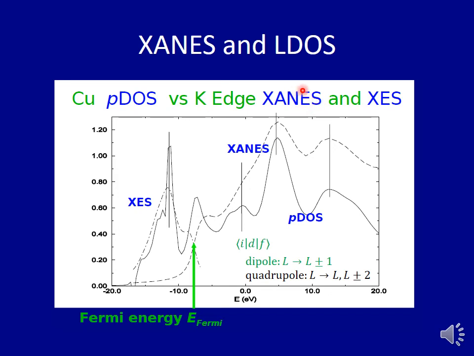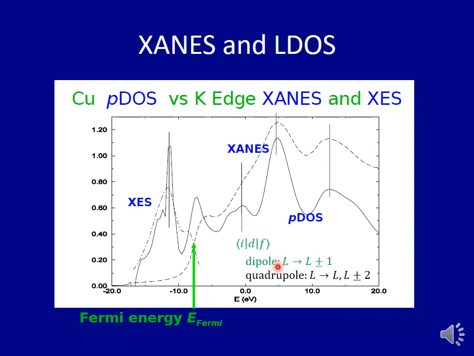And this comes from the fact that most of the spectrum is dipole limited. What that means is that if you go back and think about the Fermi's golden rule expression, it has these matrix elements where D is the transition operator, and to a good approximation for most of the spectrum, except for maybe in the pre-edge, the dipole approximation is appropriate.